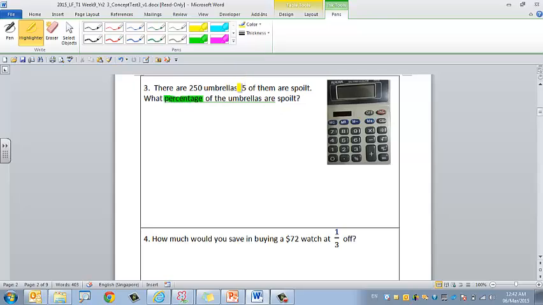In this case, the smaller number is 5 because 5 are spoiled. And the bigger number is 250. So how to write it in percentage form? So since 5 are spoiled, it will be 5 divided by 250. Okay.